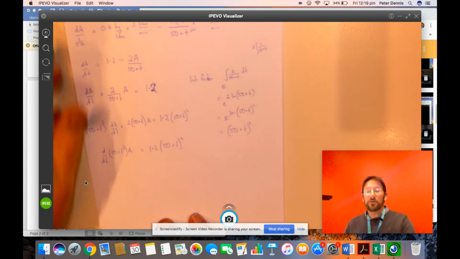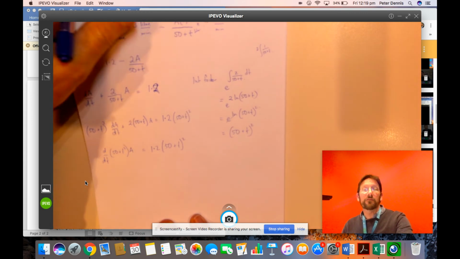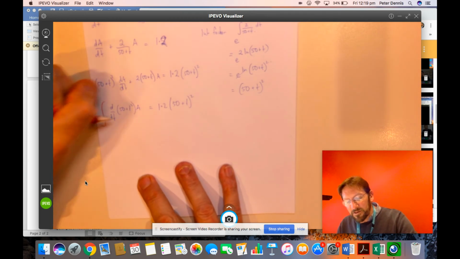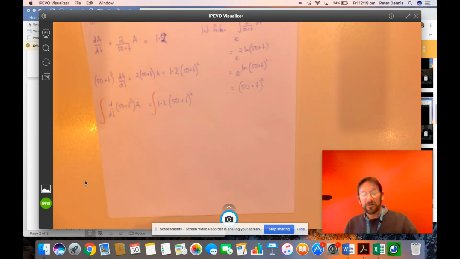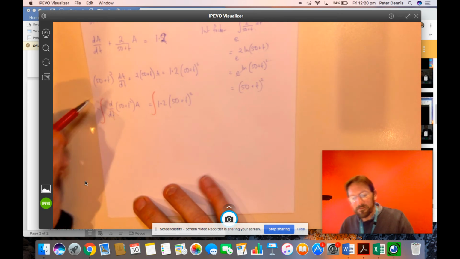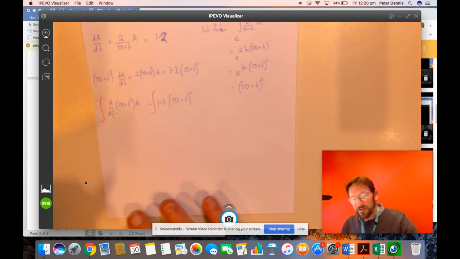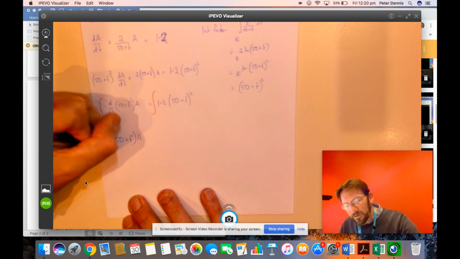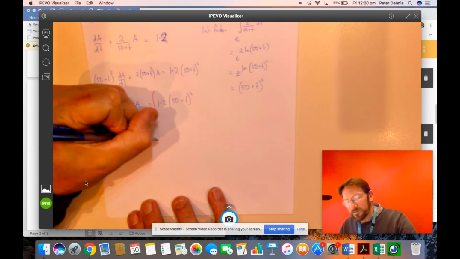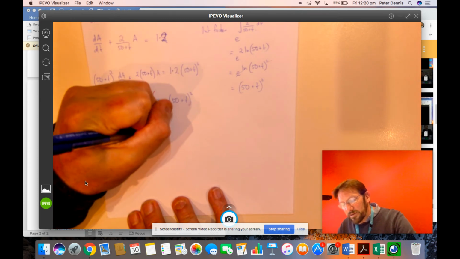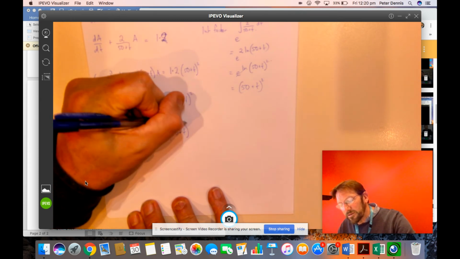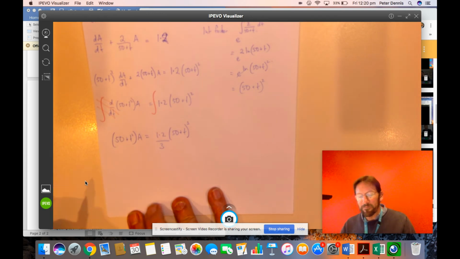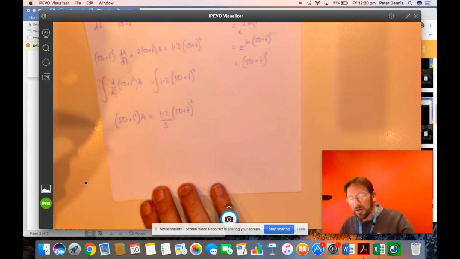And what we're going to do now, the way we do all integrating factor questions, is integrate both sides. The nice thing about the integrating factor is that the integral and derivative just cancel. And what we're left with is that 50 plus t squared times A equals 1.2 times 50 plus t to the power of 3 over 3, times the derivative of this, which is just 1, plus c.